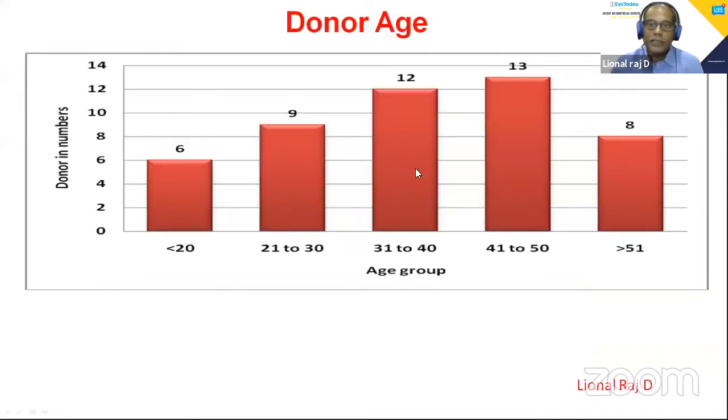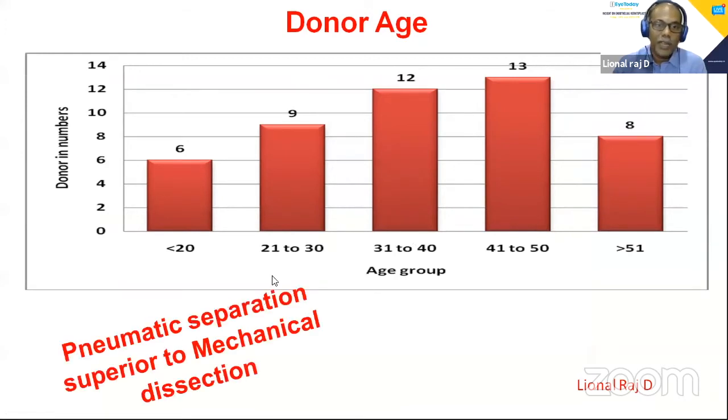So in our experience, nearly 60% of donor tissue were less than 40 years, in which probably we may not be able to, or it's very, very tough to make a DMEC graft dissection. So I would say pneumatic separation in young donor age is superior to that of mechanical separation of DMEC.